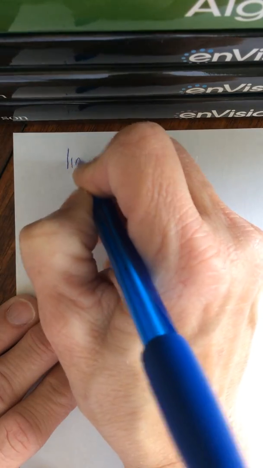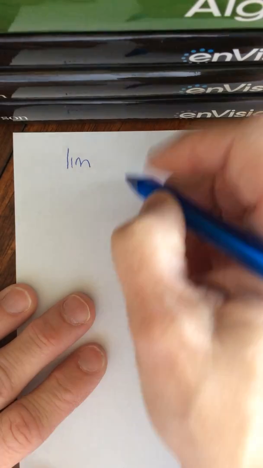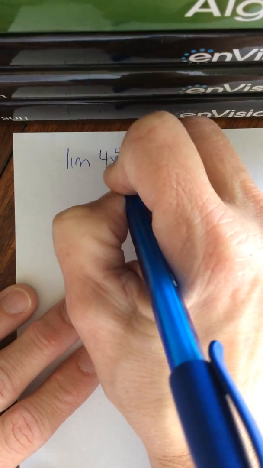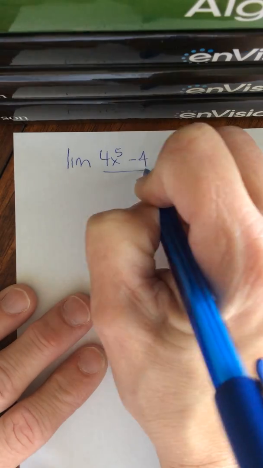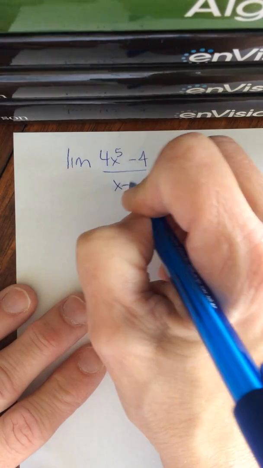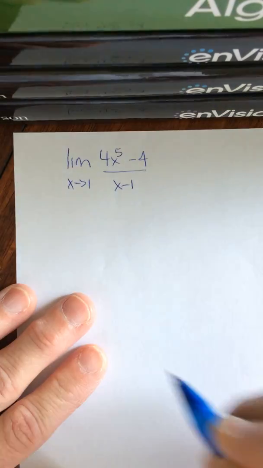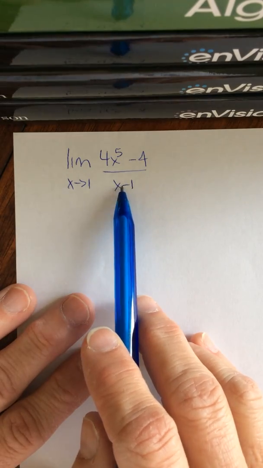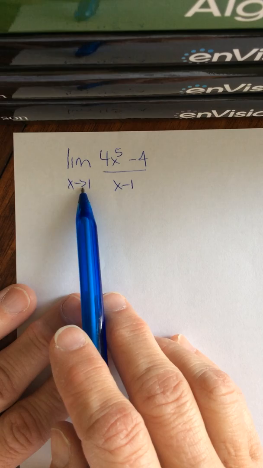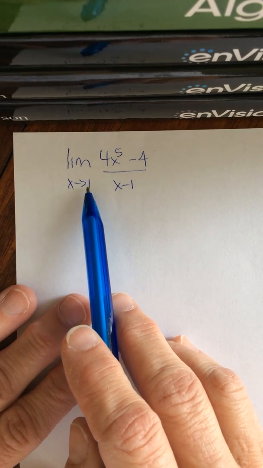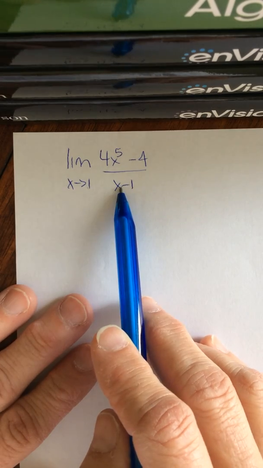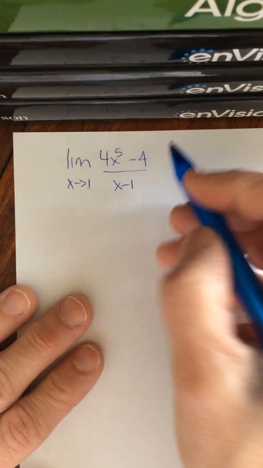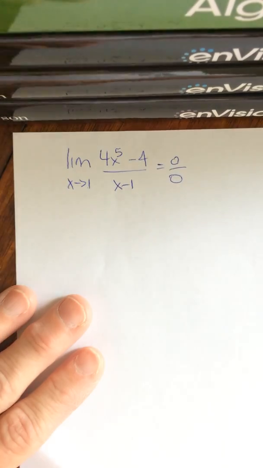All right, so let's do one more. I want us to find the limit of 4x to the 5th minus 4 over x minus 1 as x approaches 1. And I notice in the denominator I have x minus 1 and I have x approaching 1. If I substitute 1 for this x and also this x, I'm going to get 0 over 0.